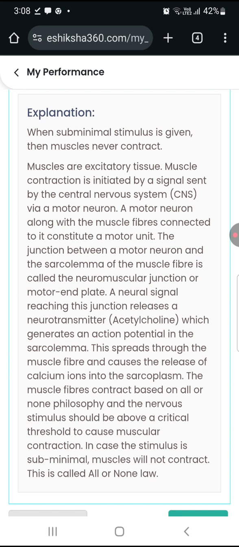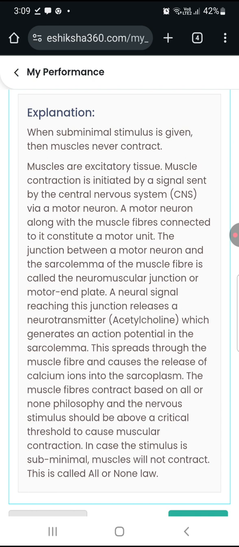A motor neuron, along with the muscle fibers connected to it, constitutes a motor unit. The junction between a motor neuron and the sarcolemma of the muscle fiber is called the neuromuscular junction or motor end plate.